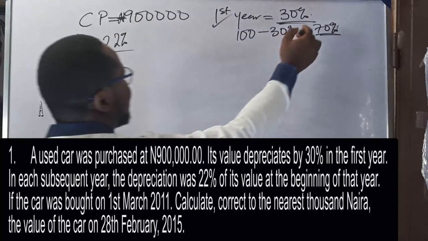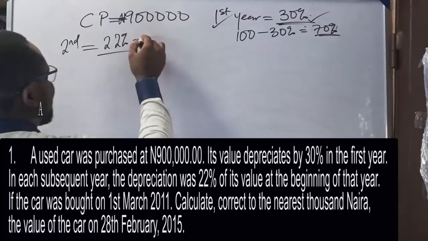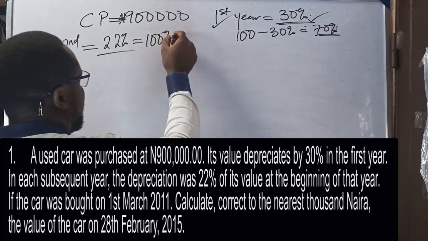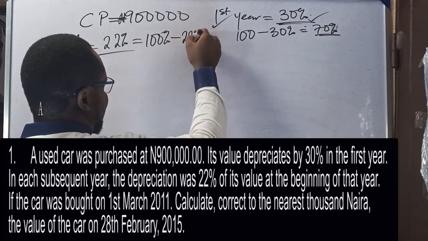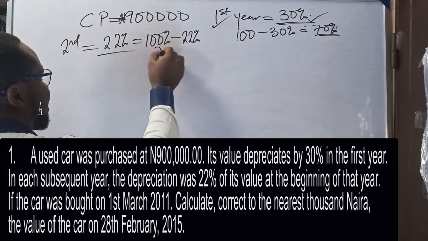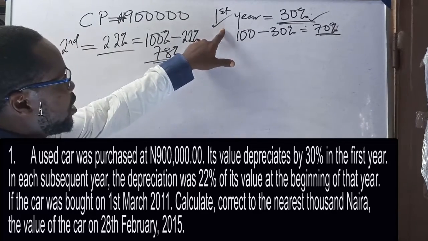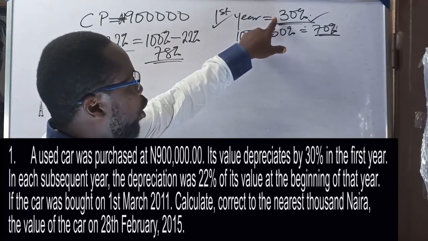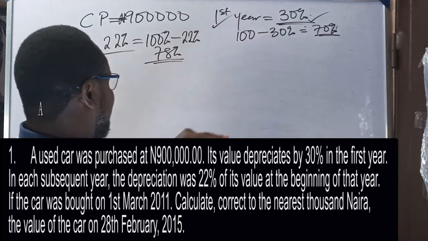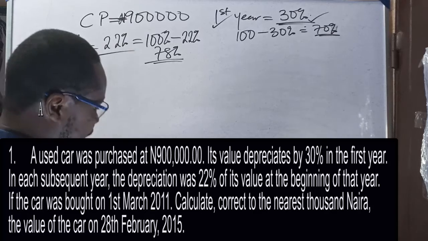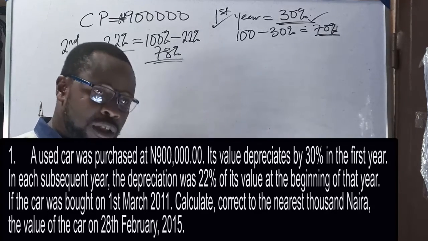And like we did here, depreciating by 22% means the original 100% minus 22% gives us what? 78%. Meaning that the first year will depreciate by 30%, and the second year will depreciate by 22%, third year 22%, fourth year 22%.